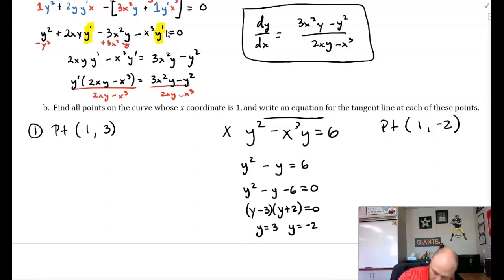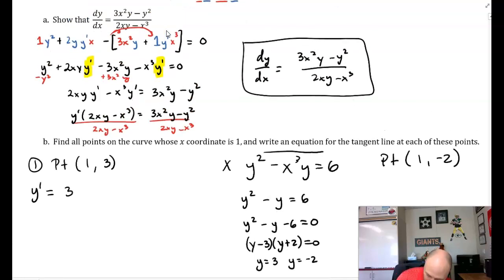Okay, so dy/dx, or y prime, is equal to 3x squared, so 3 times 1 squared, times y, in this case it's 3, minus y squared, that's 3 squared, divided by 2 times x times y, that's 3, minus x cubed, that's 1 cubed.